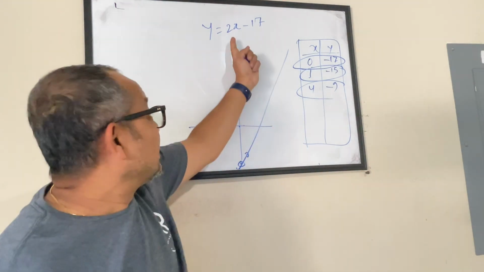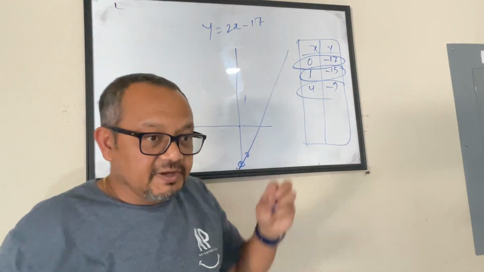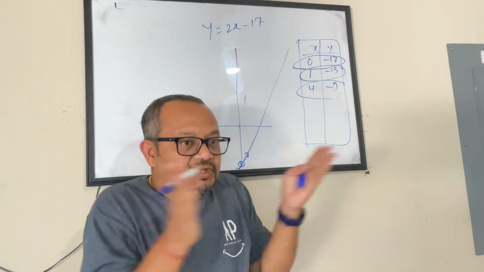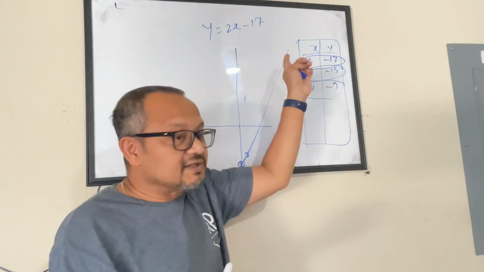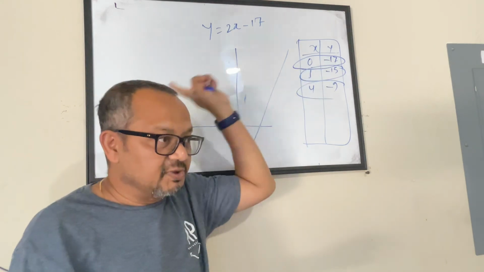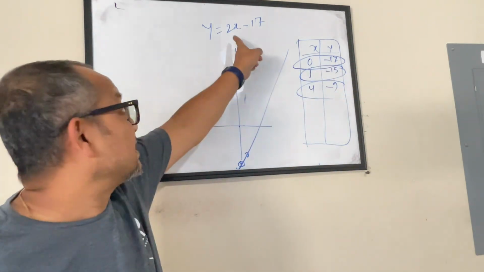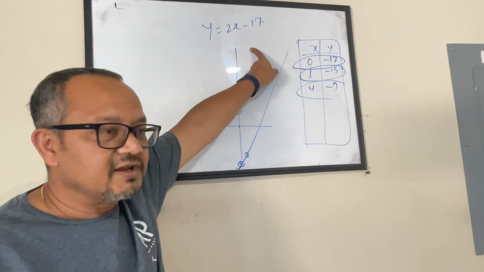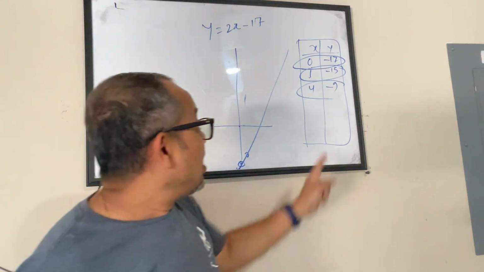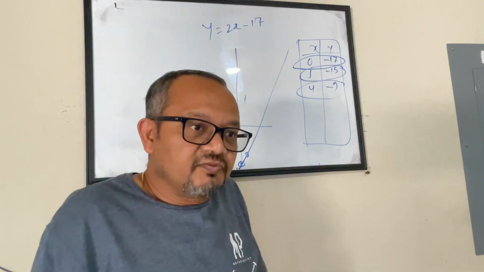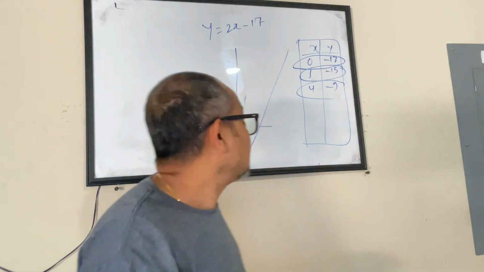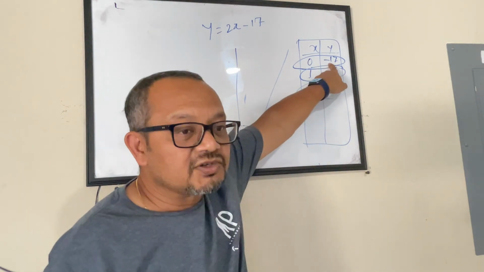Now I can keep playing with the values. The agreement is only for this relationship, this equation that you see, and every value has to stick to this agreement. So I say, okay, fine, how about I pick x equals 0? Then the value of y has to be minus 17.